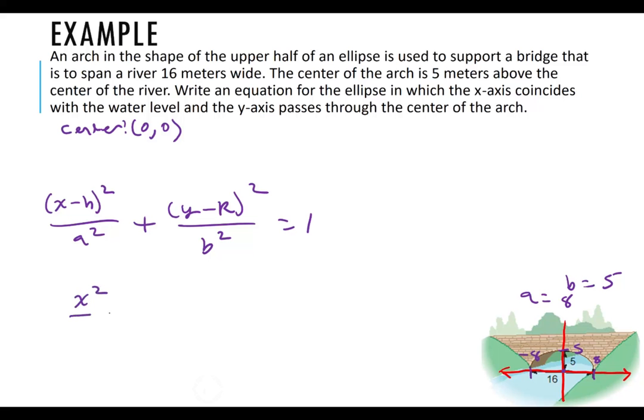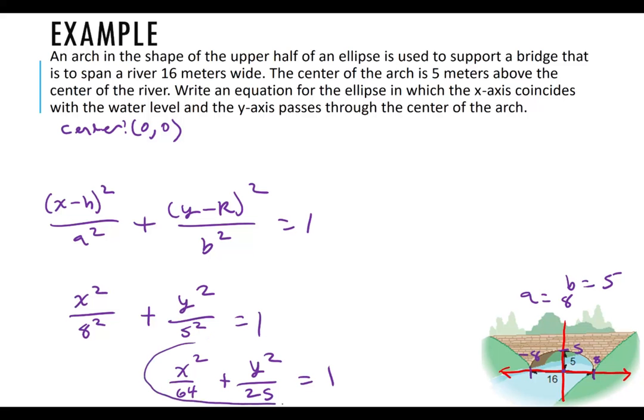This is x squared over 8 squared, plus y squared over b squared, where b squared is 5 squared. And if you wanted to simplify it, that is x squared over 64 plus y squared over 25 is equal to 1. And so this is the equation of that ellipse.